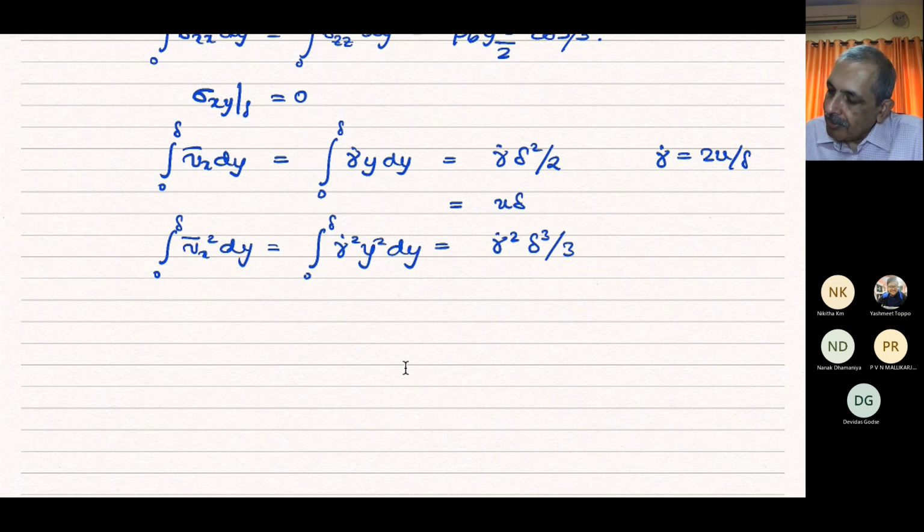And again, if we substitute gamma dot is equal to 2u by delta, then this just becomes 4 u squared delta squared by 3.